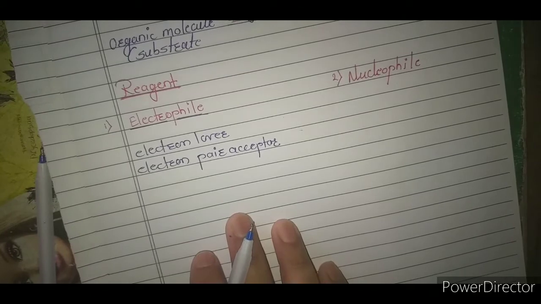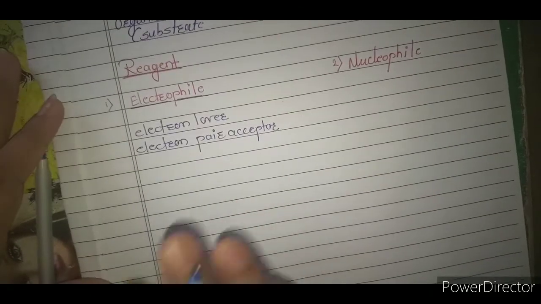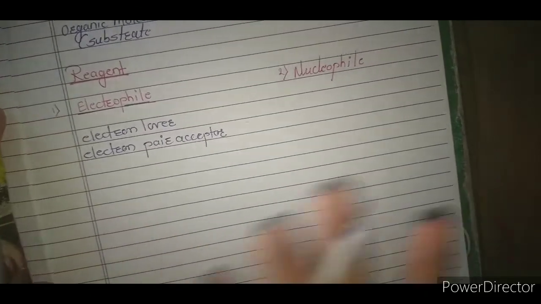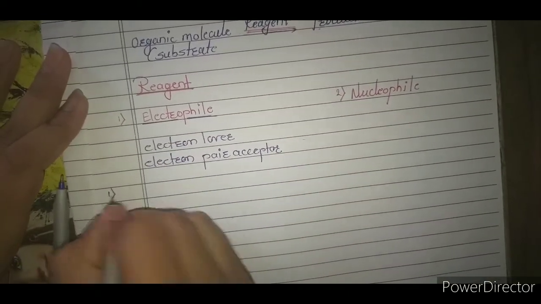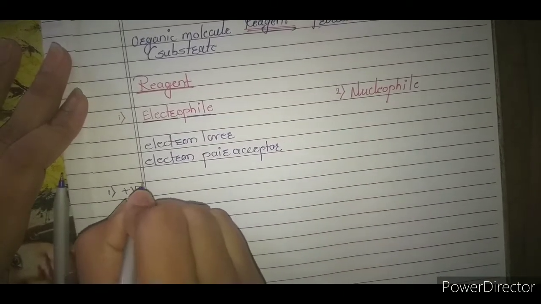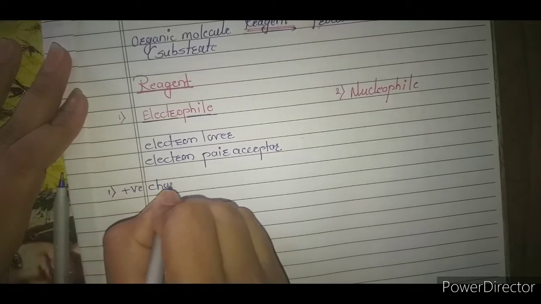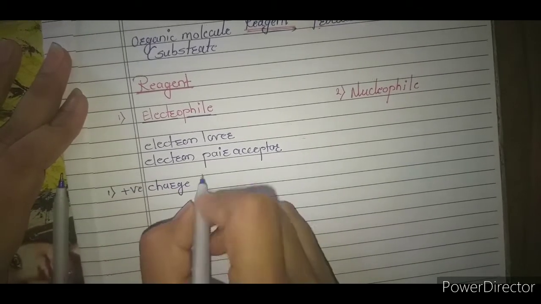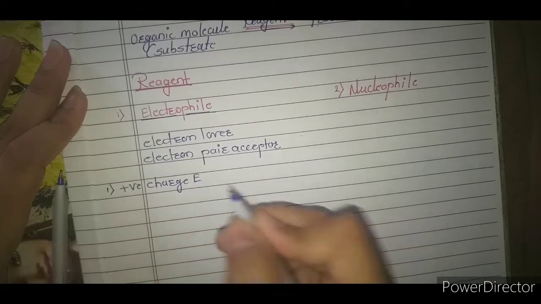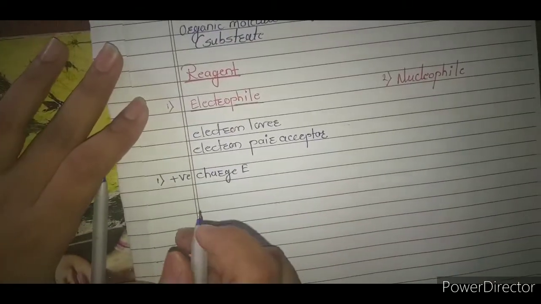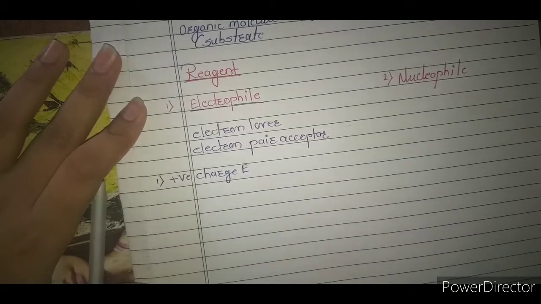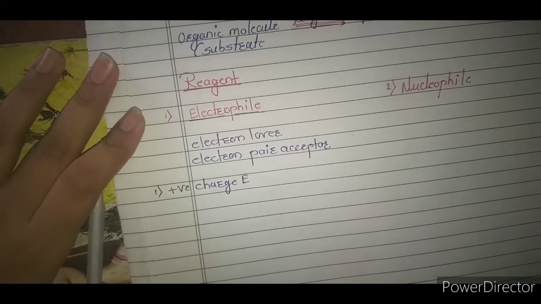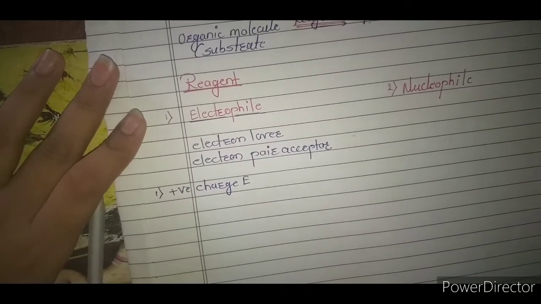There are two types of electrophile. First is positively charged electrophile and second is neutral electrophile. First, the positively charged electrophile carries a positive charge or partial positive charge and does not have an octet of electrons.